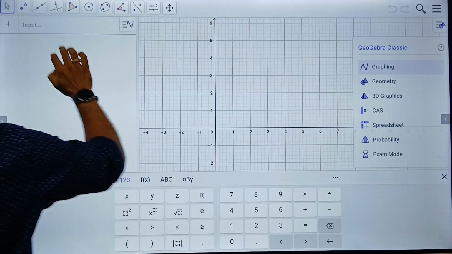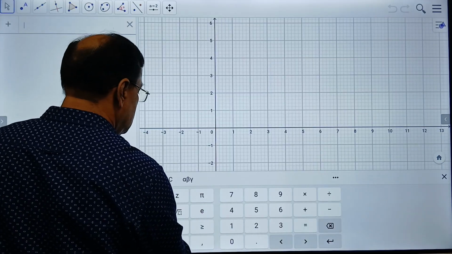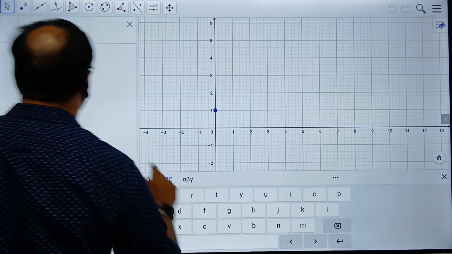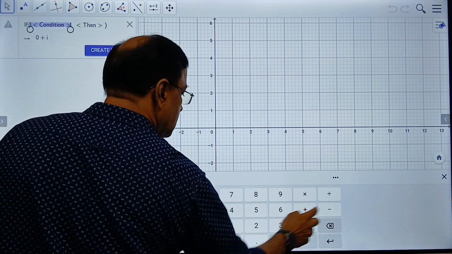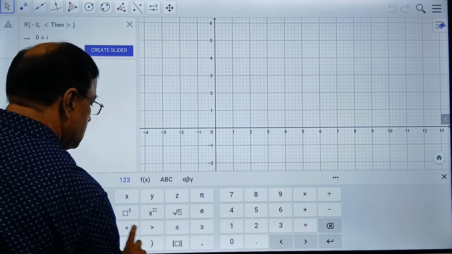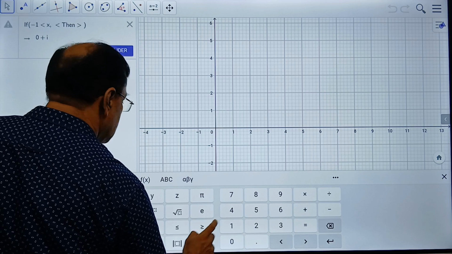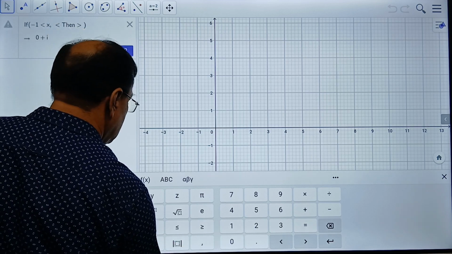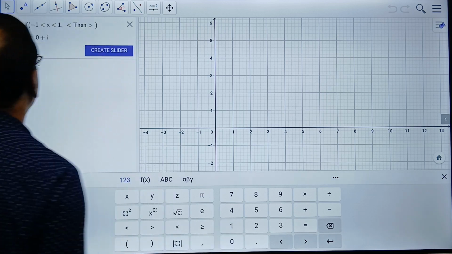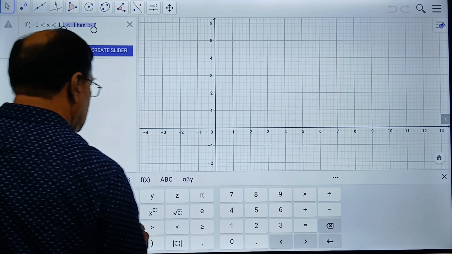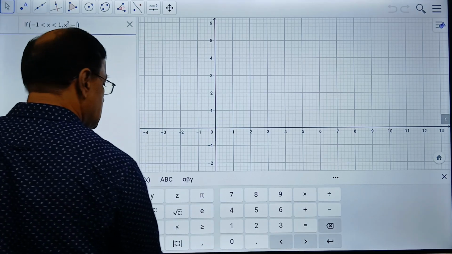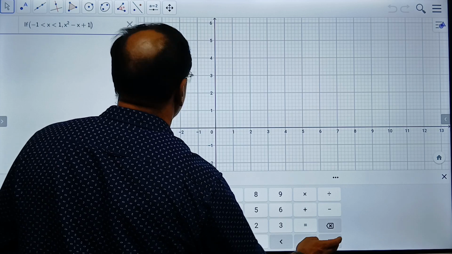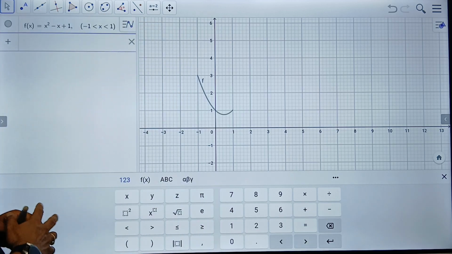Let's see how we go about it. If minus 1 less than x less than 1, what is the function? X square minus x plus 1. So this is the graph.